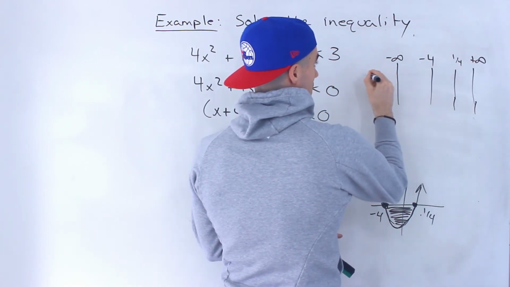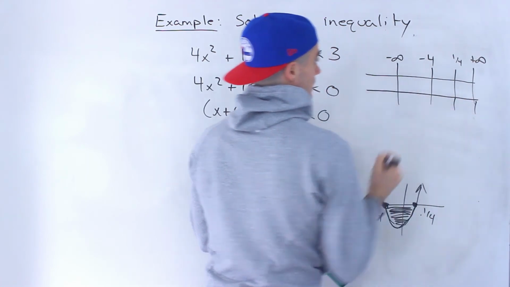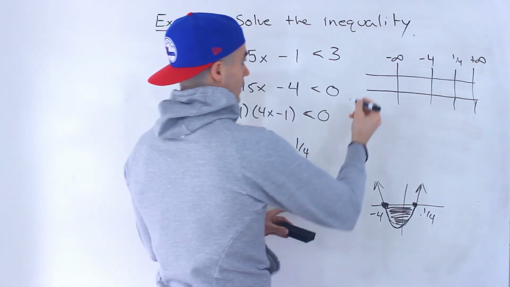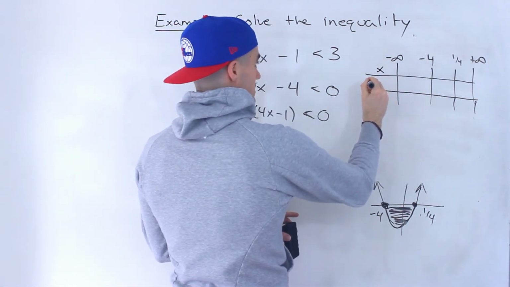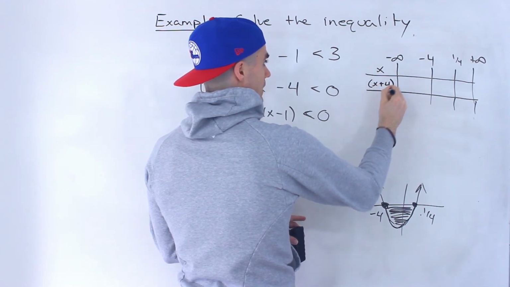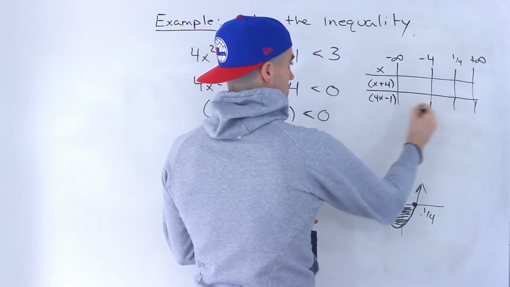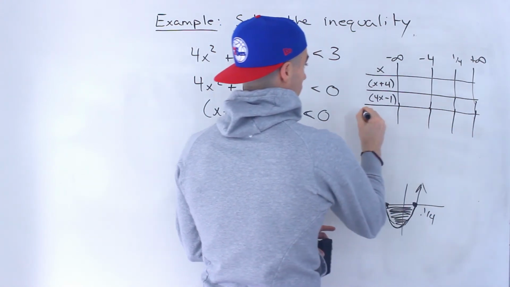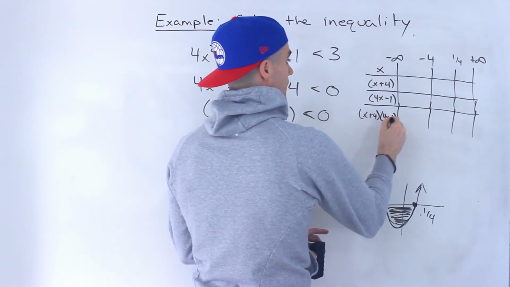With quadratics, this is not my preferred way to do it, but just in case your prof potentially shows it this way. Then we'd pick certain x values, and see what the sign of the factors is in these intervals, and then what the sign of the overall quadratic function is that we're working with.